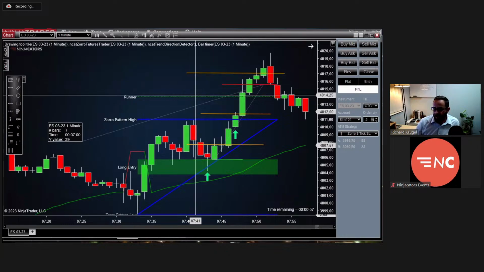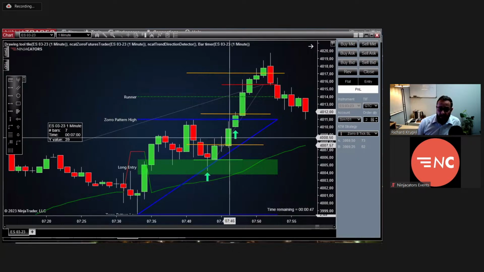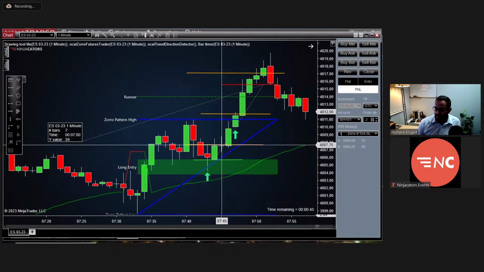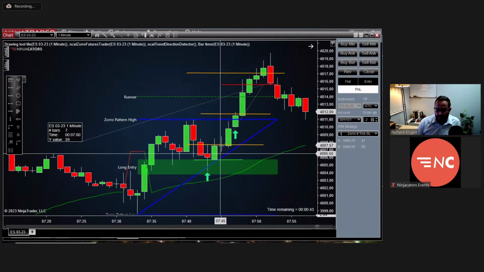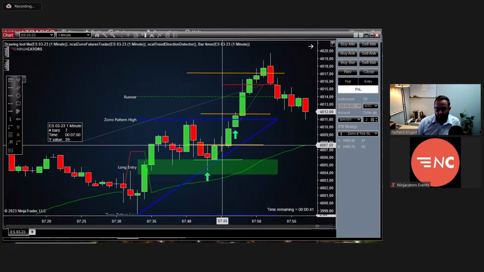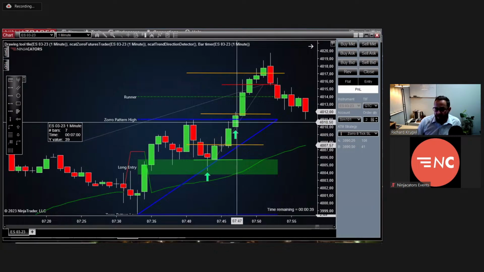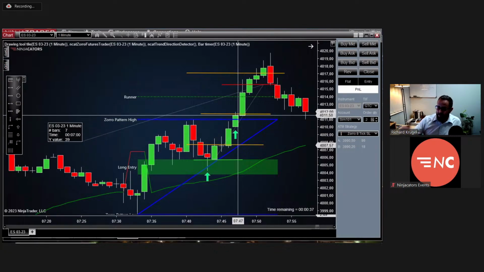And the reason why I program this ATM strategy and manage it like this is, number one, to get your P&L to break even as quickly as possible after that first target's hit, equal distance from where you enter to where your stop is. In this case, it was 8 ticks. You want to wait until price then moves a certain distance in your favor.